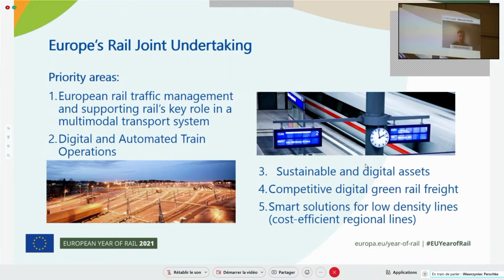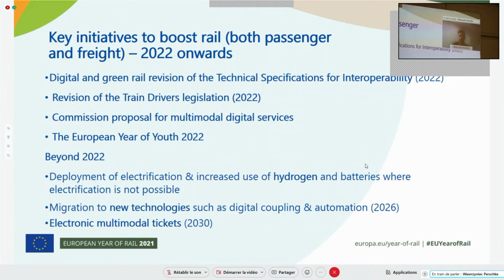So now we can go to the further policies that we have as of 2022, and it's on the next slide. And we are looking into revising the technical specifications for interoperability, indeed to bring many innovations effectively allowed on the market. This is the improved ERTMS. This is finally the DAC and all that it offers.